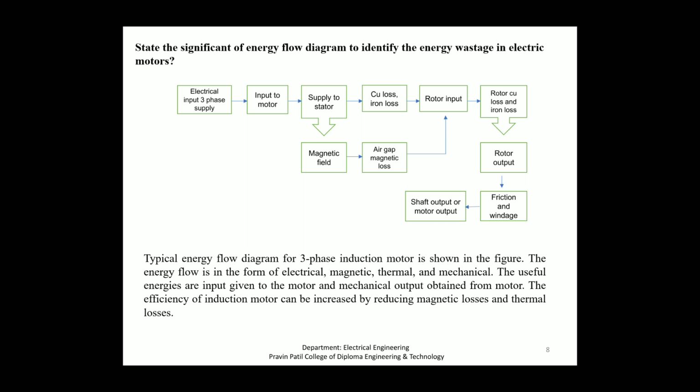The core losses depend upon the frequency of the supply voltage. The frequency of the stator means supply frequency is always the supply frequency f, and the frequency of the rotor is the slip times the supply frequency, that is s into f, which is always less than the stator frequency.